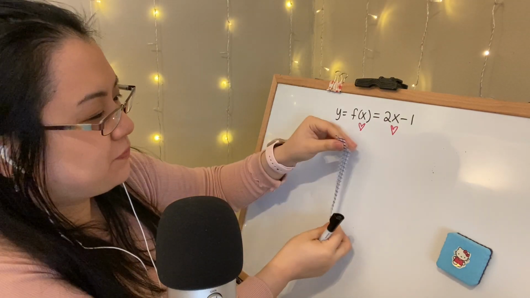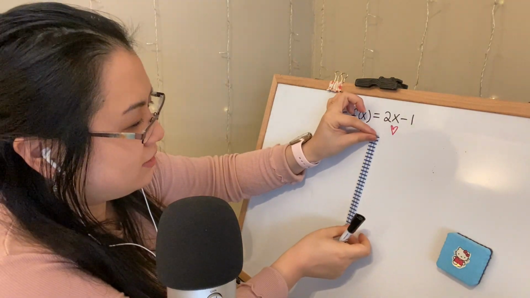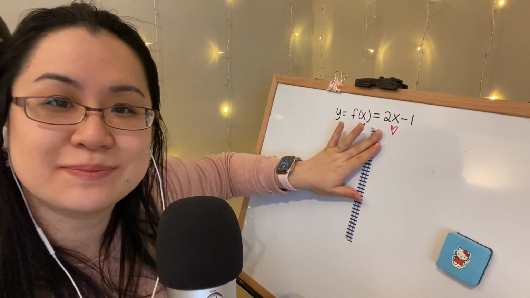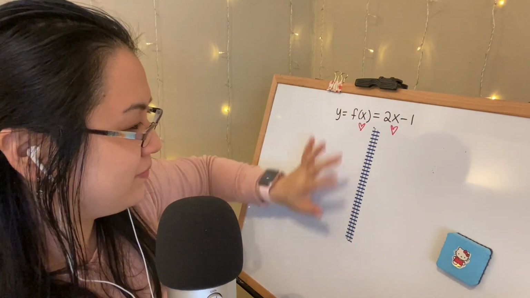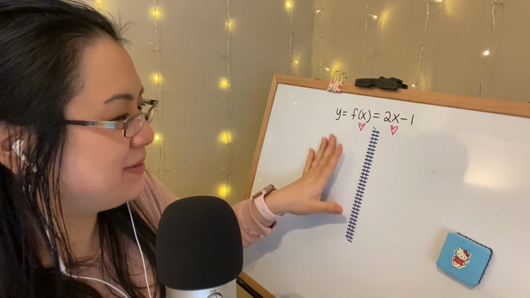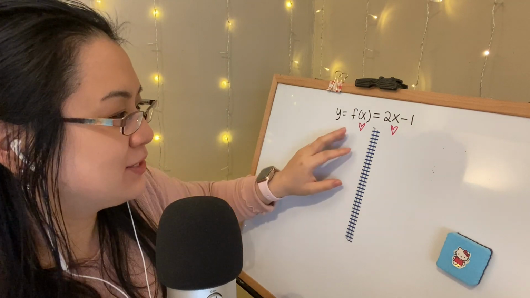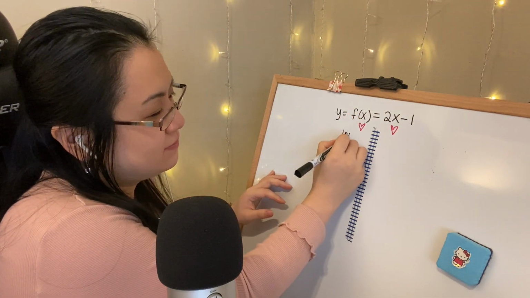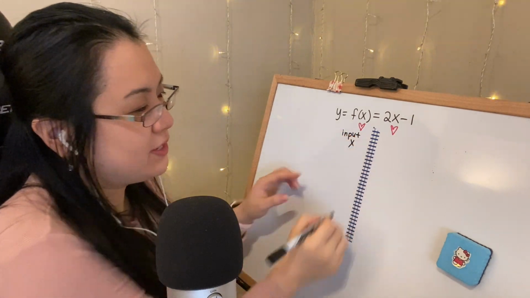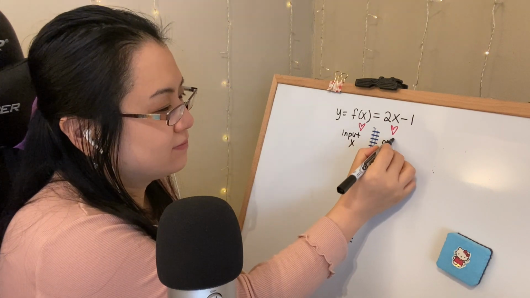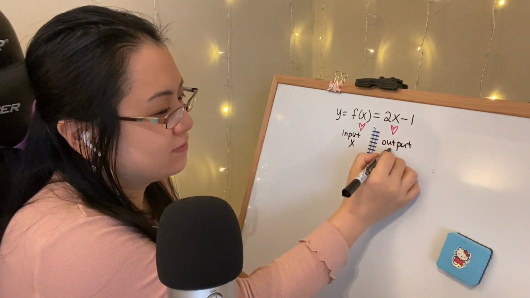Alright, so this is my wall, okay? And it divides my input and my output. So my input side is going to be X, and my output is going to be Y. Okay.